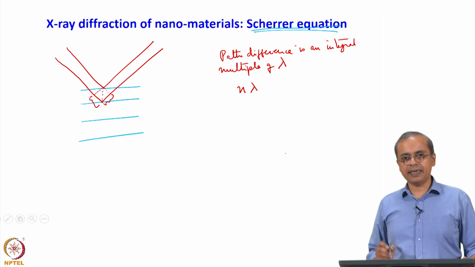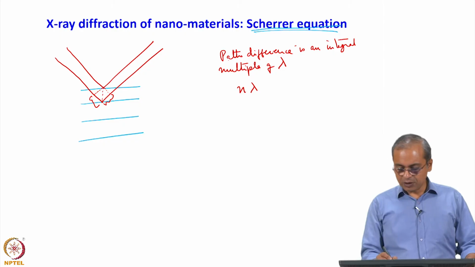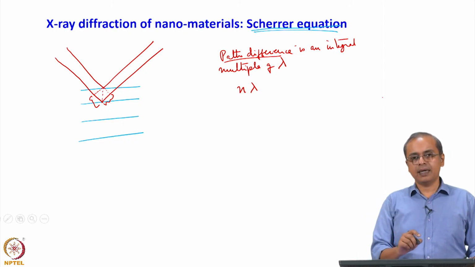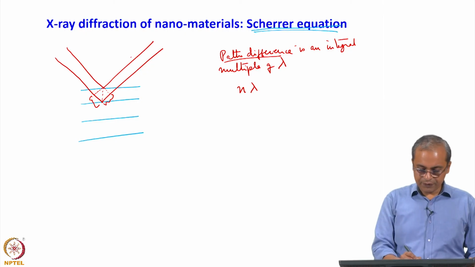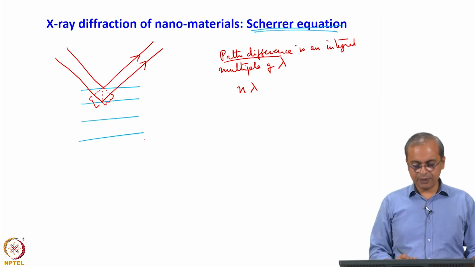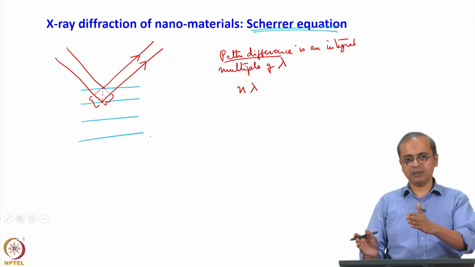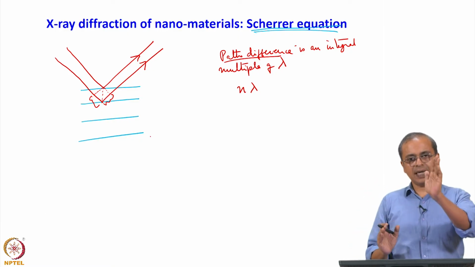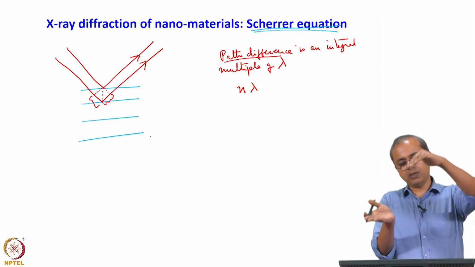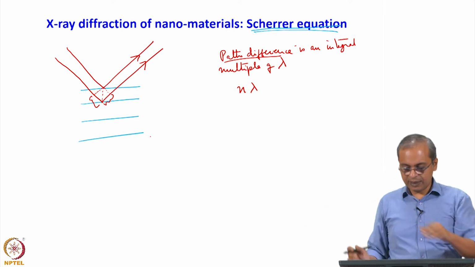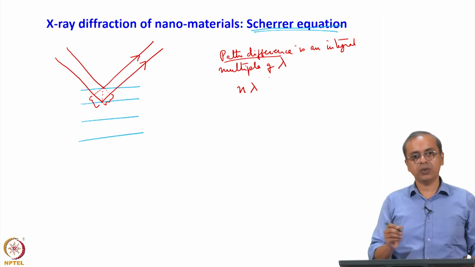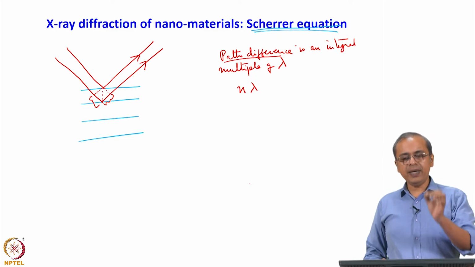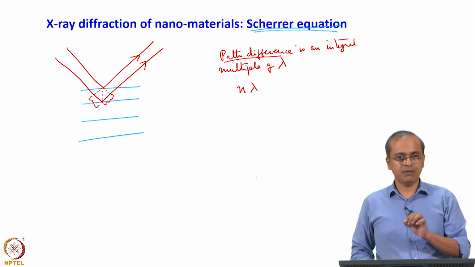And as long as the path difference is an integral multiple of lambda, the wave coming off the top surface and the wave coming off the bottom surface are exactly in phase, because the difference between them is exactly 1 lambda. As this is climbing, that will also be climbing, as it is coming down it will also come down. So they continue to go that way and add to each other, and so you have constructive interference. The reason we see a peak in X-ray diffraction is because there is constructive interference.